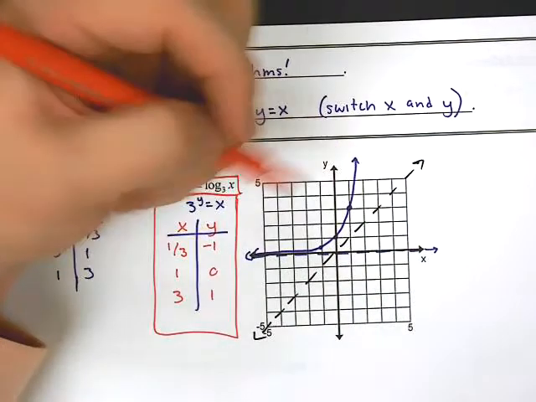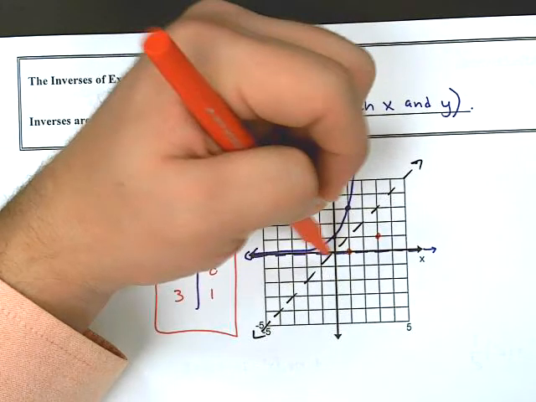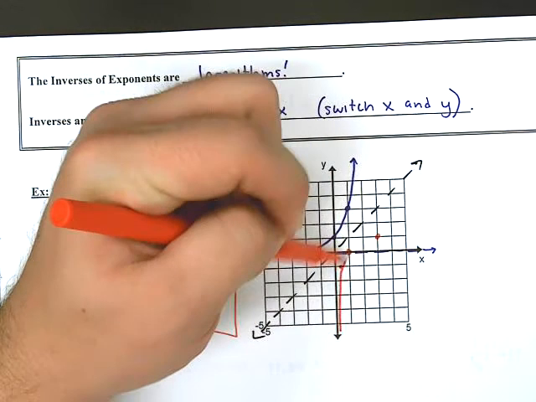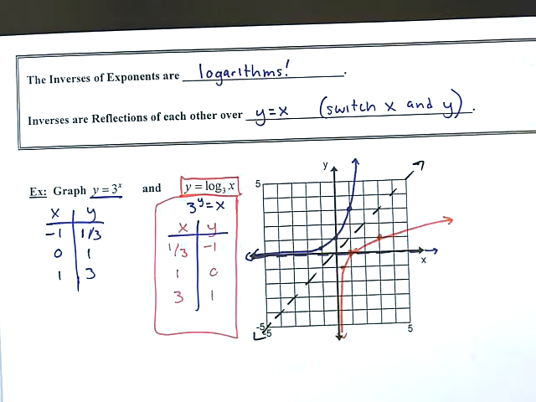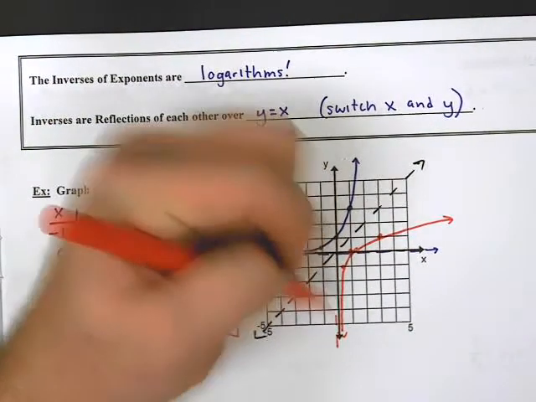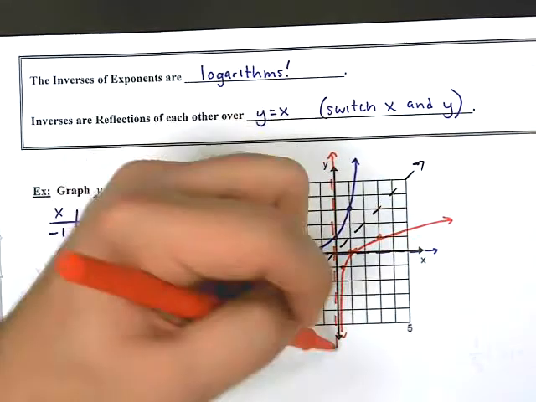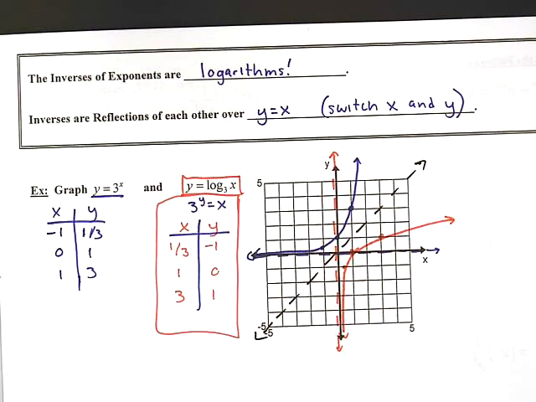So let's go 1, 0, 3, 1, 1/3, -1, sketch it, and oh my gosh, what do you know? Maybe not the best drawing, but I would agree that these look pretty well reflected over that line y equals x. And that's what you're looking for.